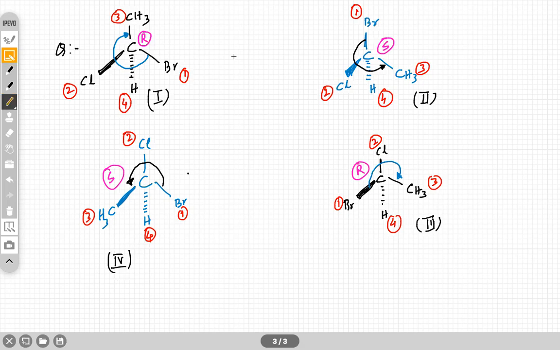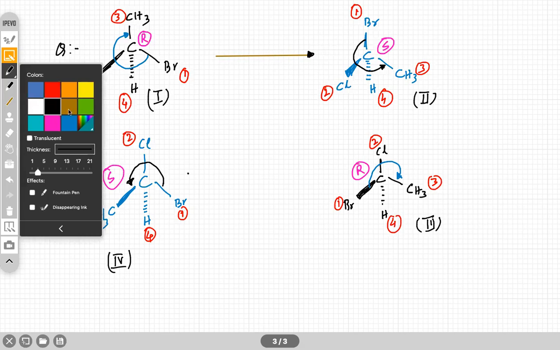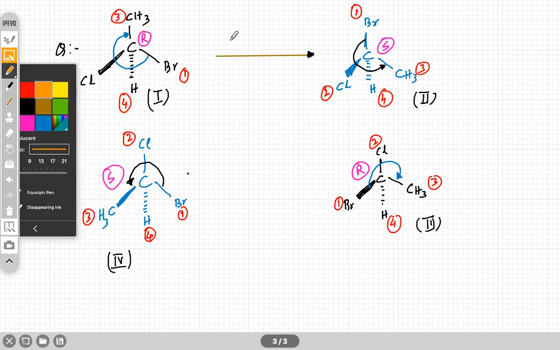Right, so if you have to go from 1 to second, what change will you do in the first one so that you get the second molecule? The change is you have to change the position of Br and CH3. So we can exchange Br and CH3.